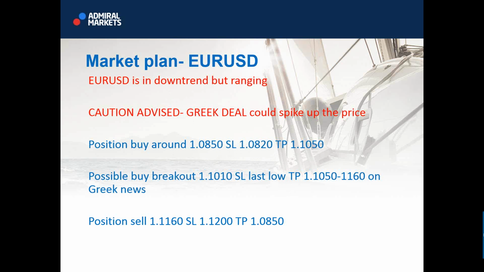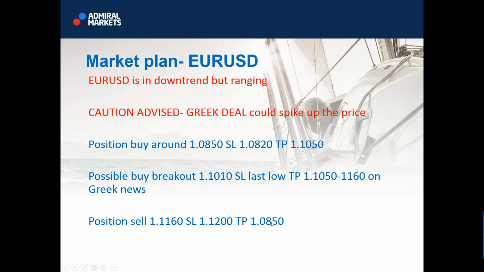Yet again, there is a possible buy breakout at 10.10, putting a stop loss on the last low. If 10.10 breaks, you need to spot the last low on your chart and target 10.50 to 11.60 if there is Greek news.